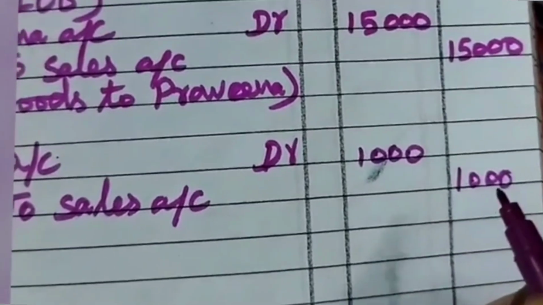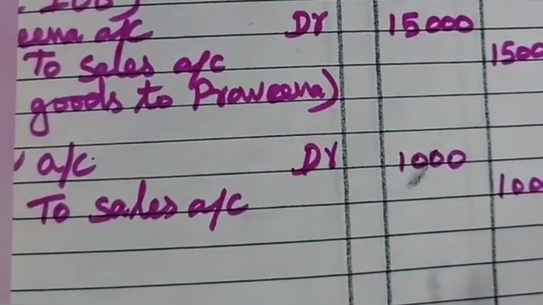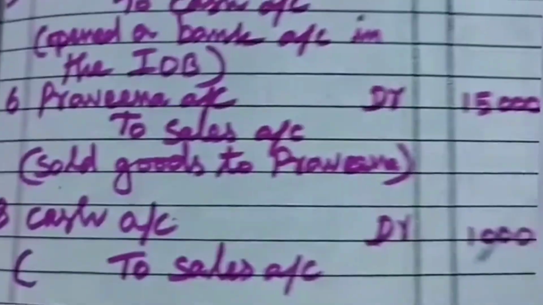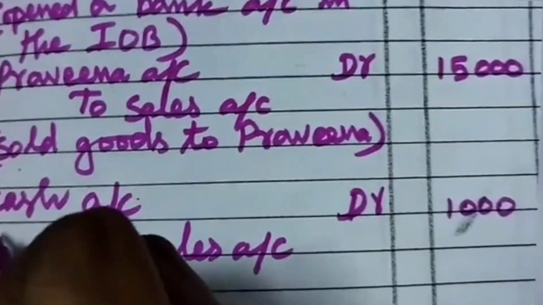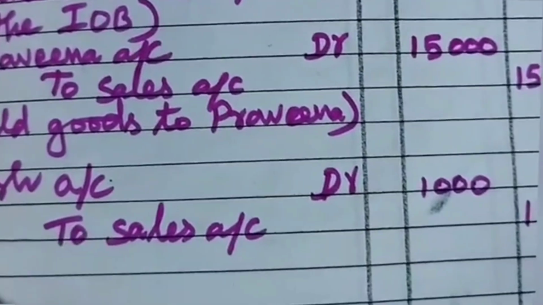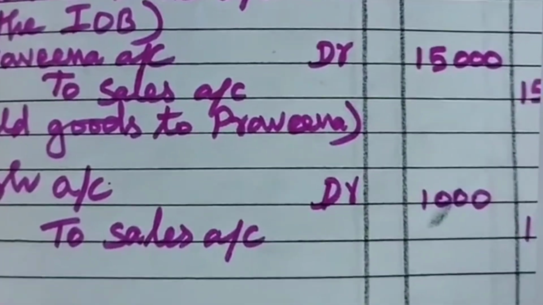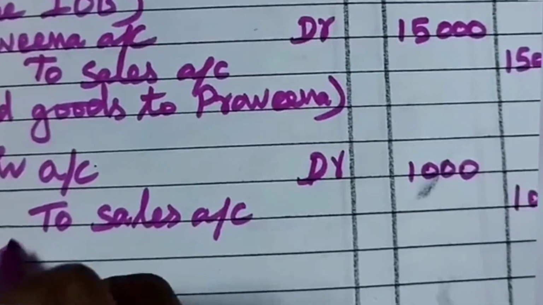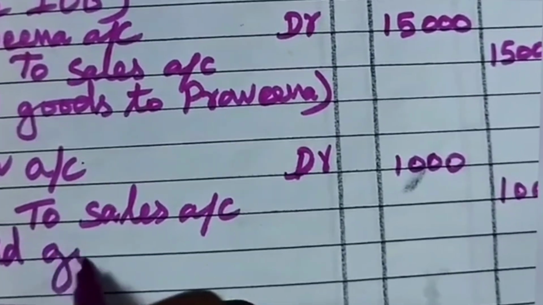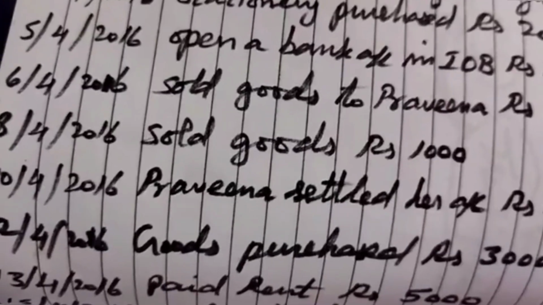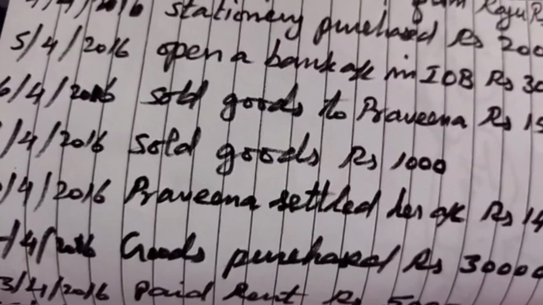That is always debit should be equal to credit. Now we can write the narration. What is the narration here? Sold goods. That's all.